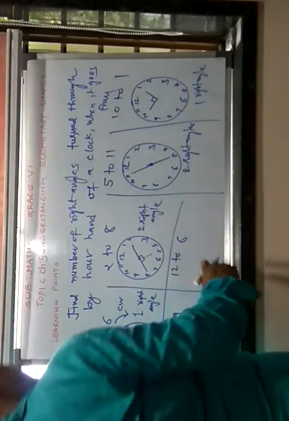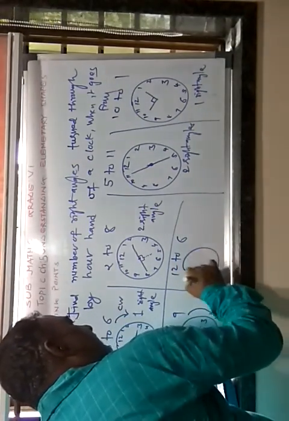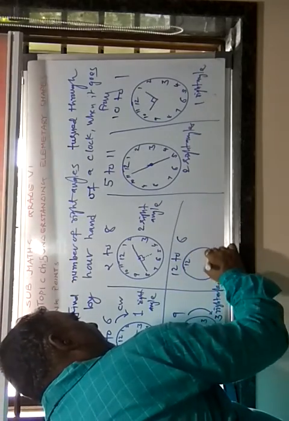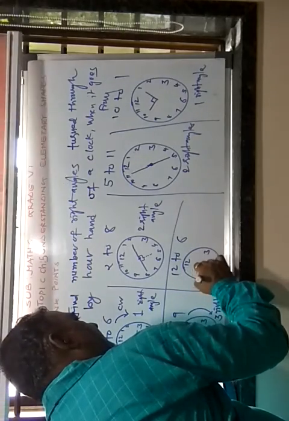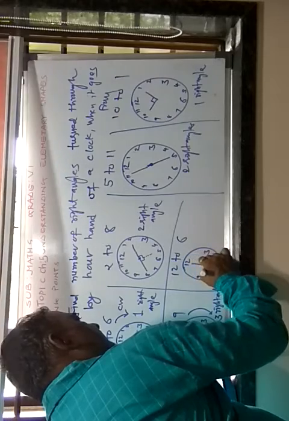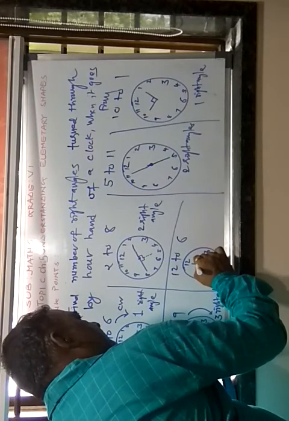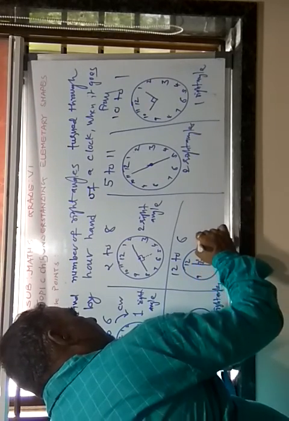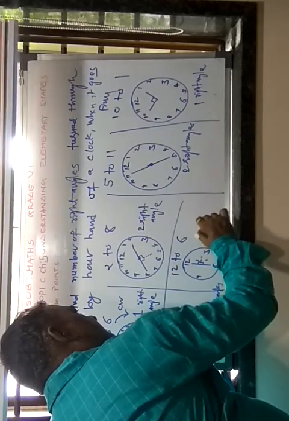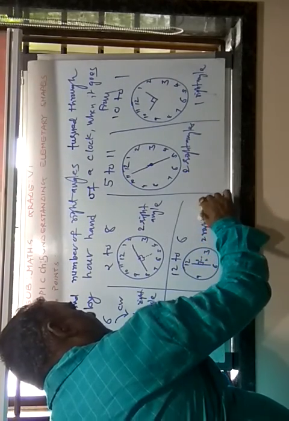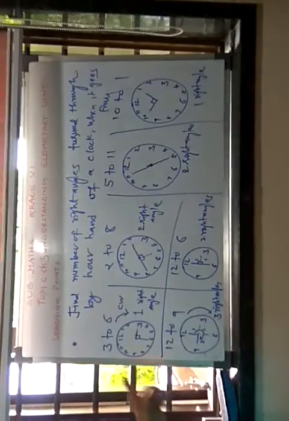Three right angles. 12 to 6, 2 right angles. So like this way you can do this exercise.